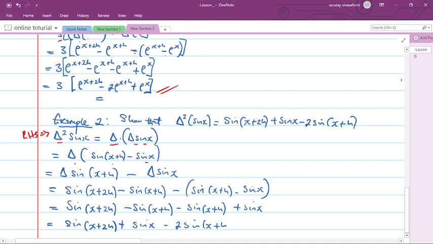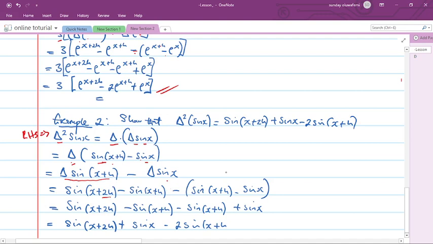Then you use this to open the bracket, so this times this, and then your forward difference times minus sin x. By the time you apply your forward difference on sin of x plus h, that will be a little bit forward, h plus h, and that gives you 2h. So that will be sin of x plus 2h minus sin of x plus h.